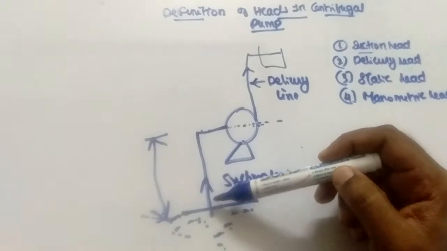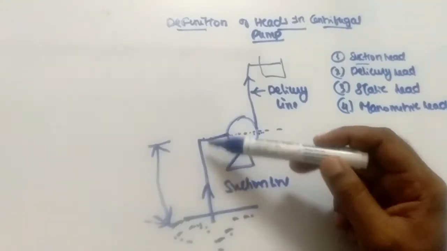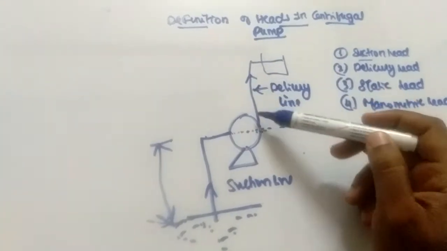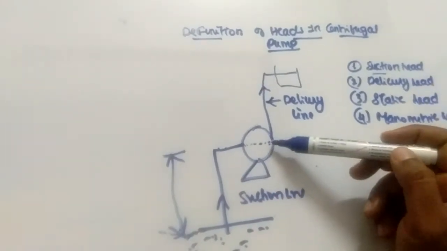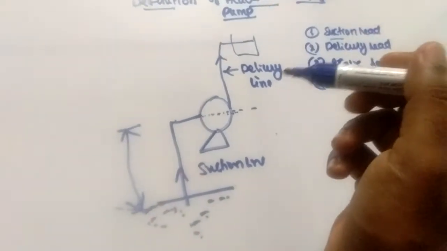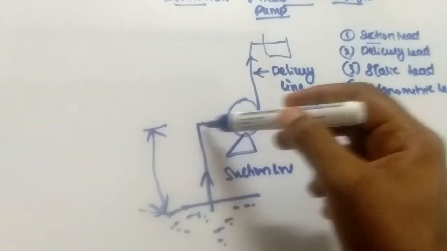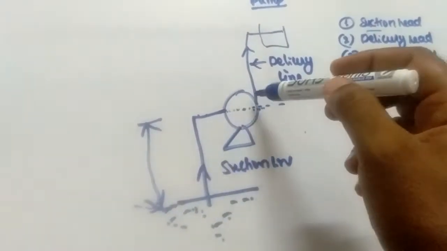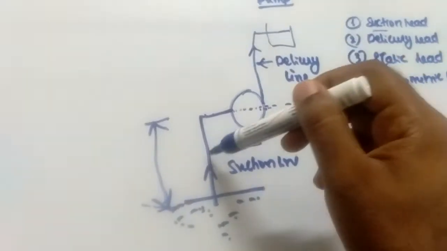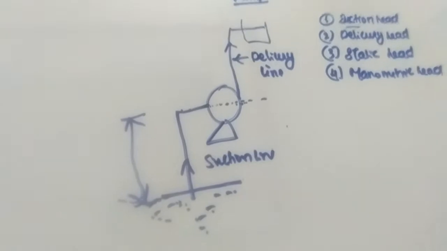Using this suction pipe, water is sucked from the free surface of the water, and afterwards it is thrown out using this delivery pipe.